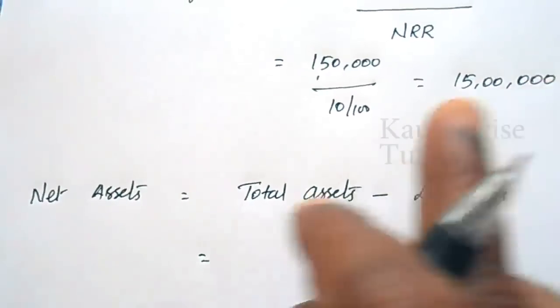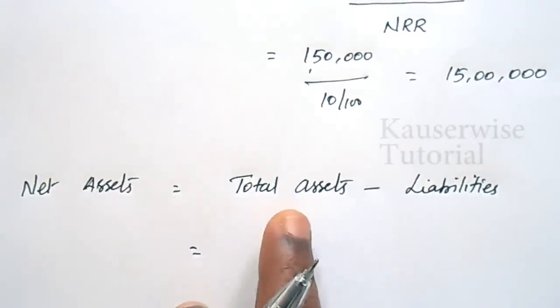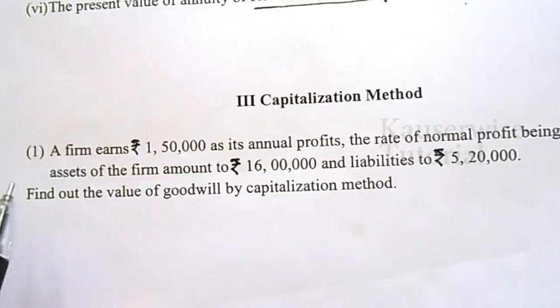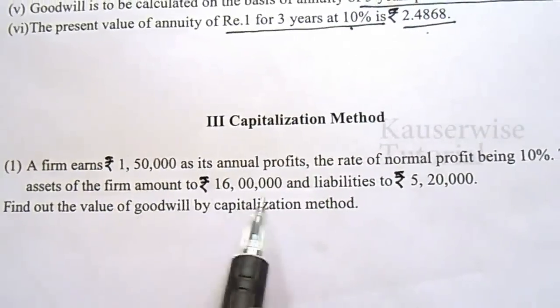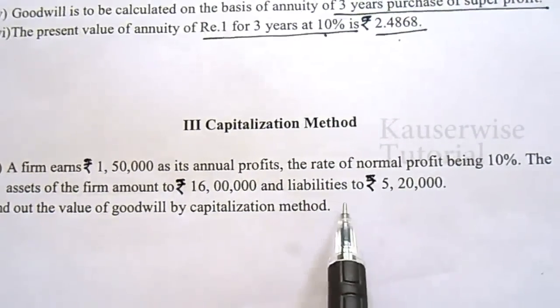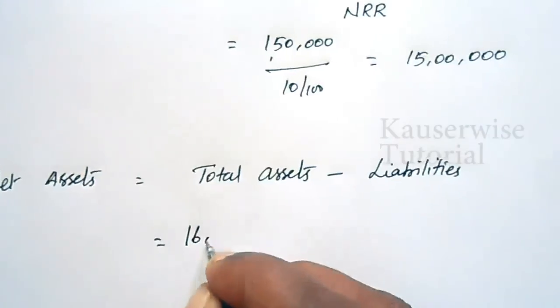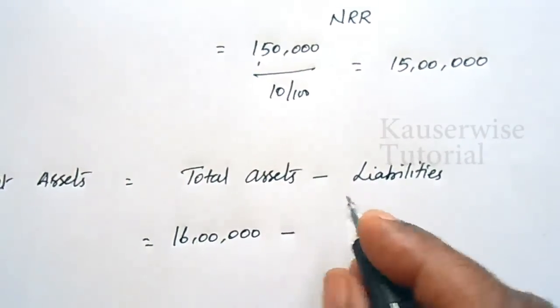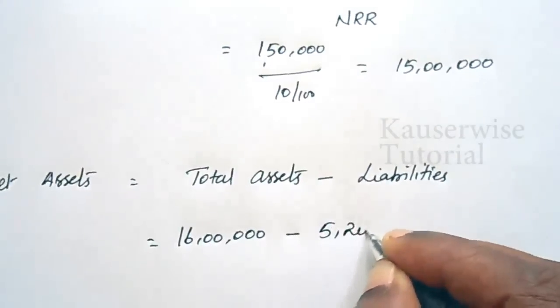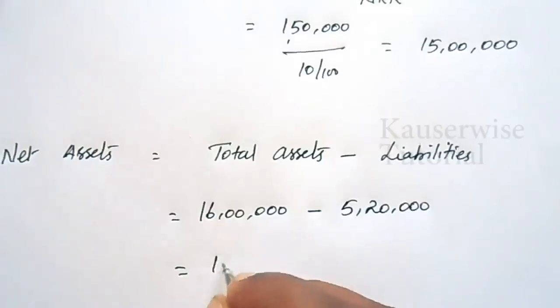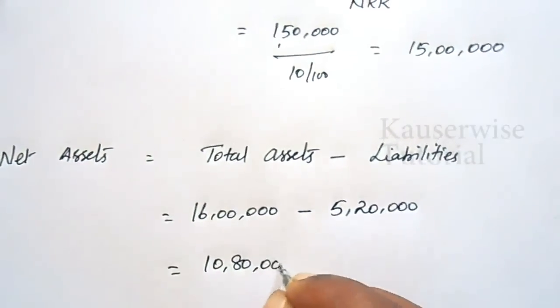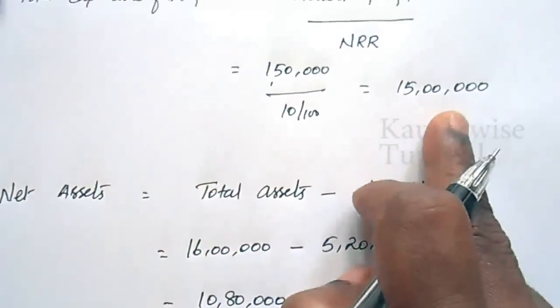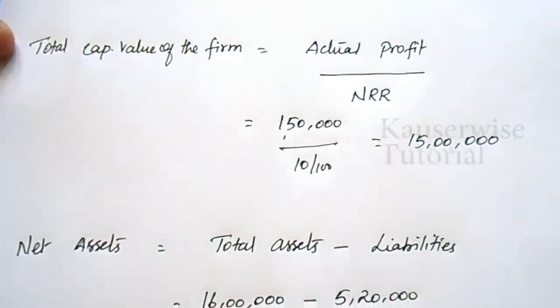After finding this, next calculate net asset. Formula is total assets minus liabilities. The assets of the firm amounted to rupees 16 lakhs, liabilities 5,20,000. Total assets 16 lakhs minus liabilities 5,20,000. Difference 10 lakhs 80,000. So now we have got total capitalized value of the firm and net asset.